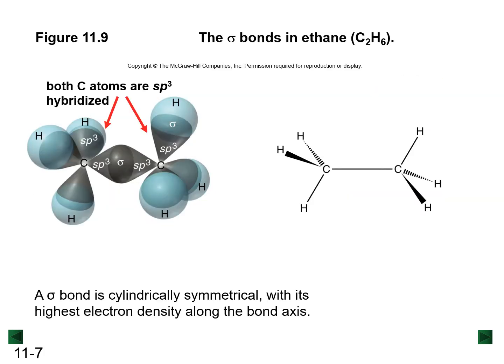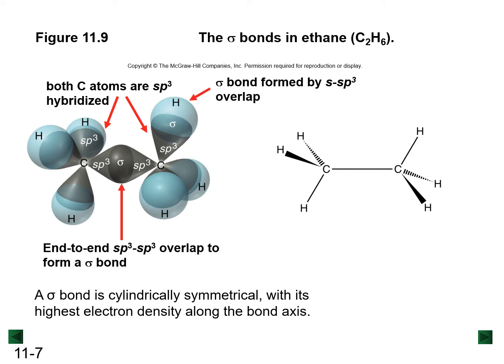Okay, here is an example of sigma bond formation in ethane. Look at the electron group arrangement of each center atom C. The electron group arrangement is tetrahedral.